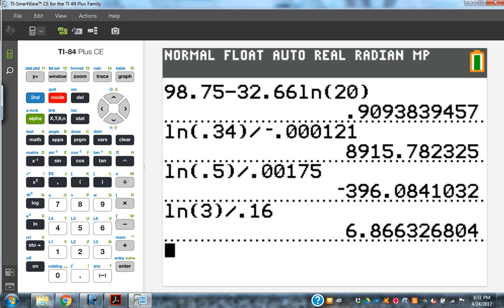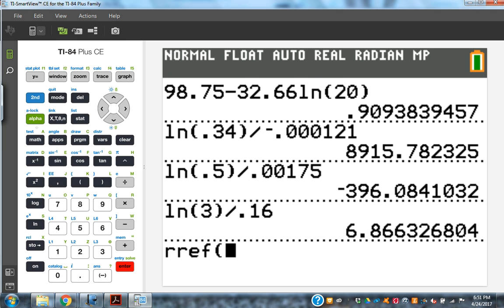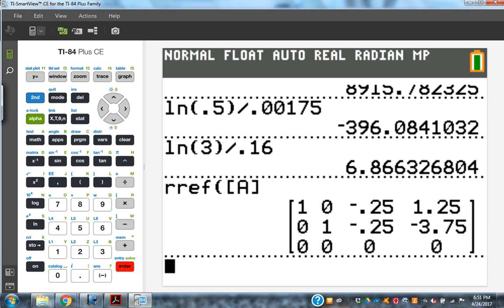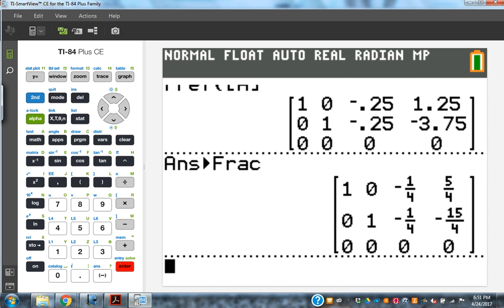All right, and then you ran RREF on that. Math enter. Is that what you got? Okay, I want to make sure I didn't rush through. All right, so it did simplify a little bit. It gets us.